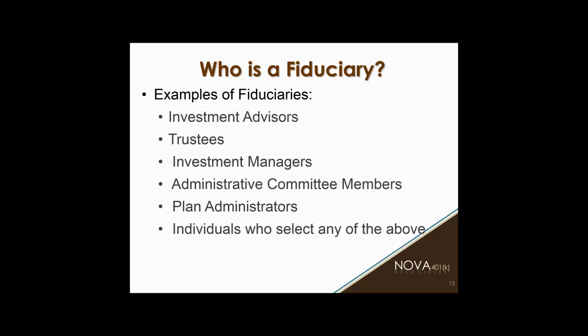The people that govern the plan administrators, which are the people that do the day-to-day work at your office regarding the plan, whether it's approving loans and distributions or signing off on 5500s, things of that nature, those people are fiduciaries. And anyone who hires or fires any of the above people is also a fiduciary. So that's typically going to be the owners of the company or the primary decision makers at the employer.